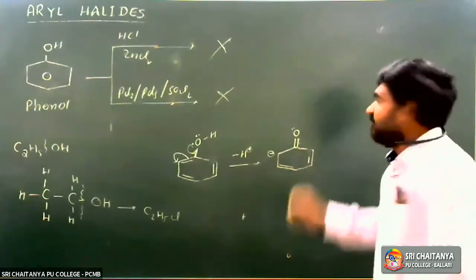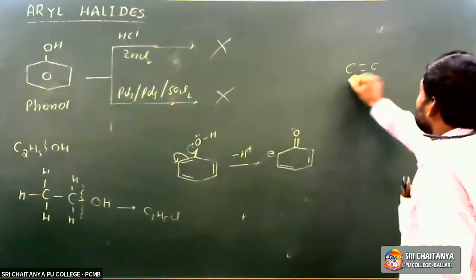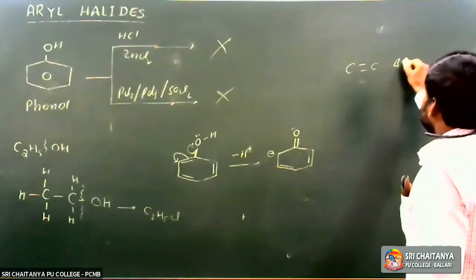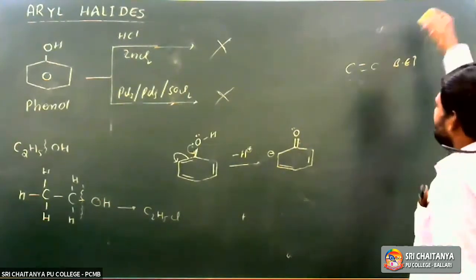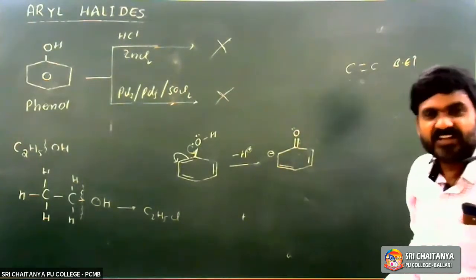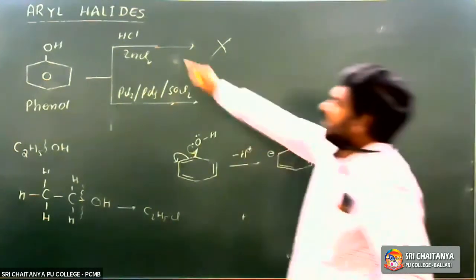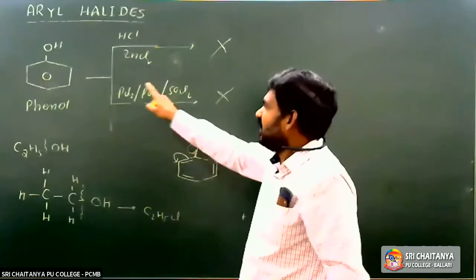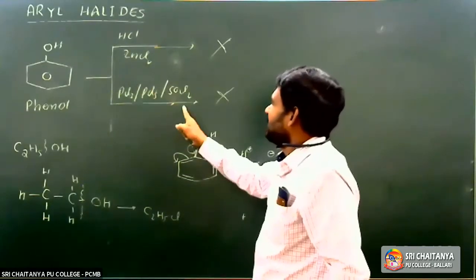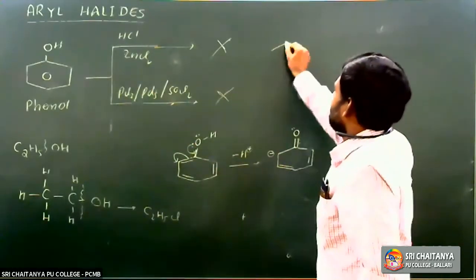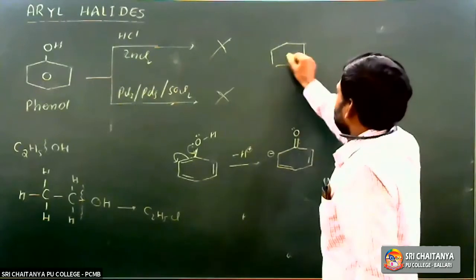As the number of bonds between two atoms increases, bond energy increases. Bond energy increases means reactivity decreases. So phenol is less reactive towards HCl, PCl3, PCl5 or SOCl2 and does not give chlorobenzene.